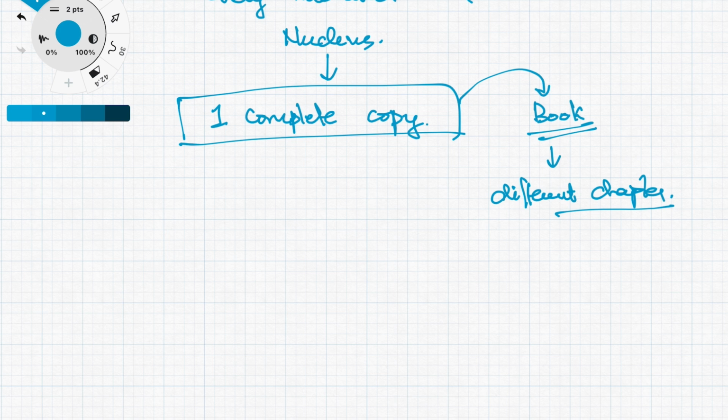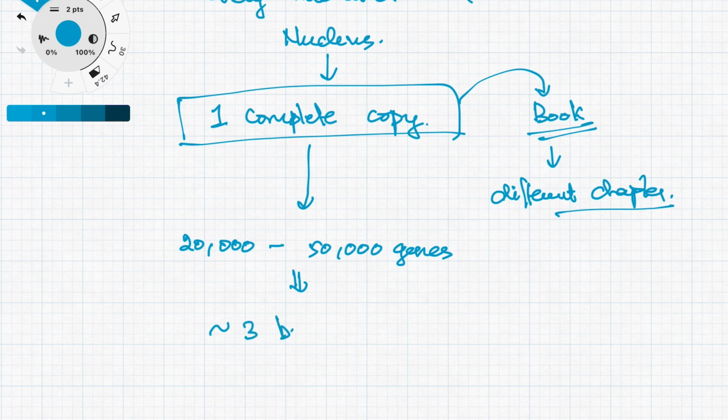Okay, the rest of the things they don't bother about. Now each complete copy, we saw in the last video, contains about 20,000 to 50,000 genes, and this equates to about, in humans, almost 3 billion base pairs. So what do you mean by base pairs?